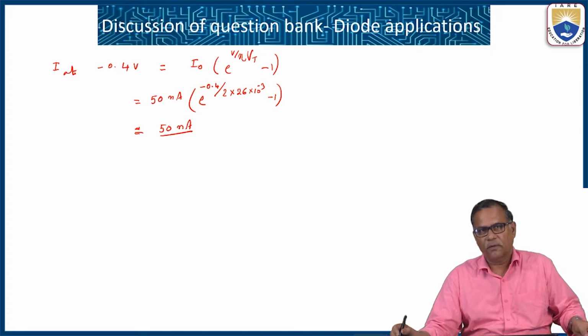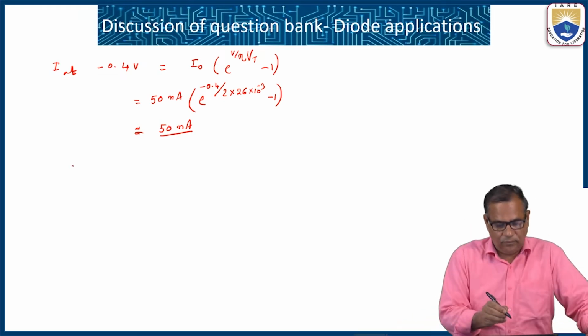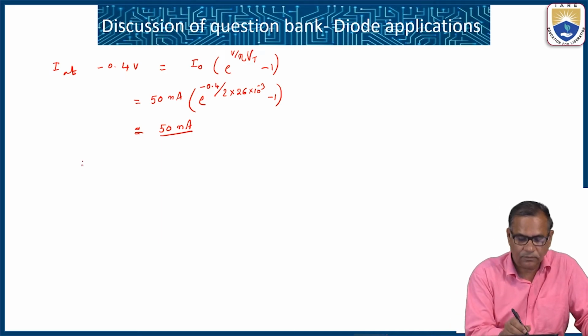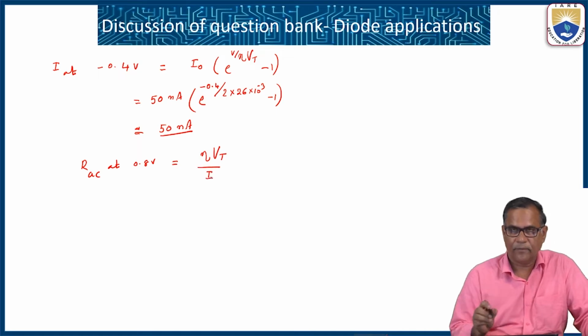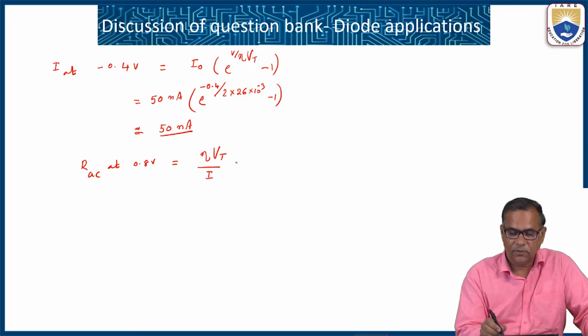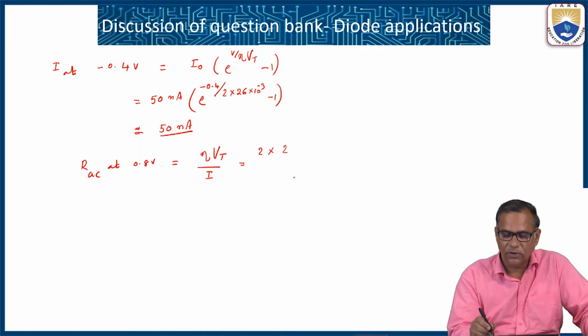Now let us find out the forward and the reverse resistances. So RAC at 0.8 volts is equal to, this is the formula for the dynamic resistance, eta Vt by I. So this is equal to 2 into Vt, we have already calculated, and that is equal to 26 millivolts.